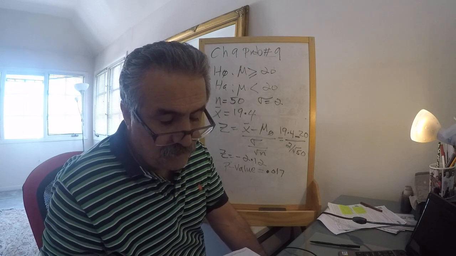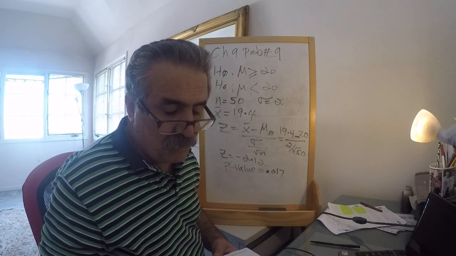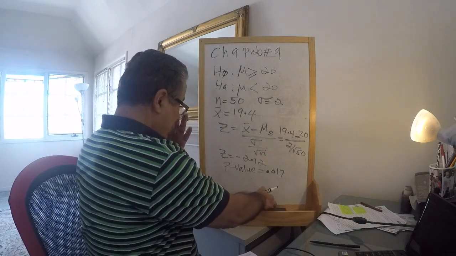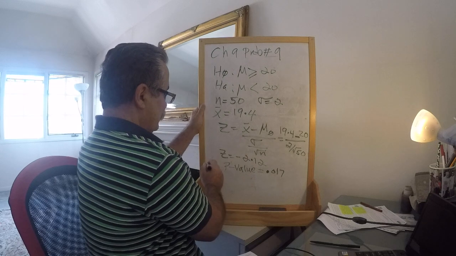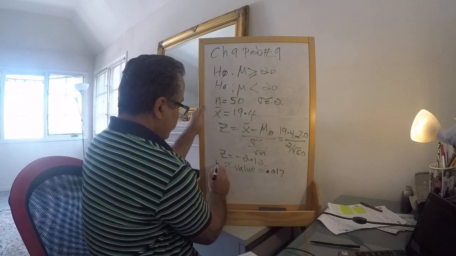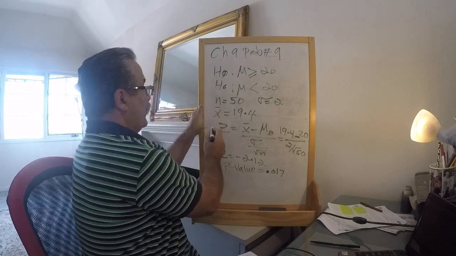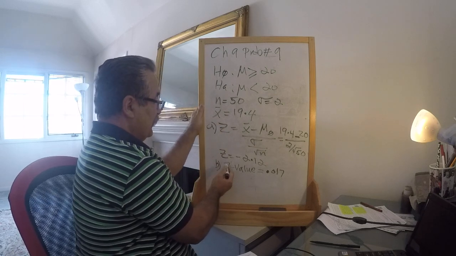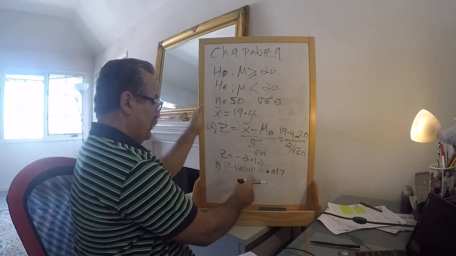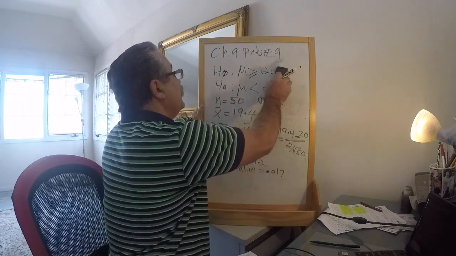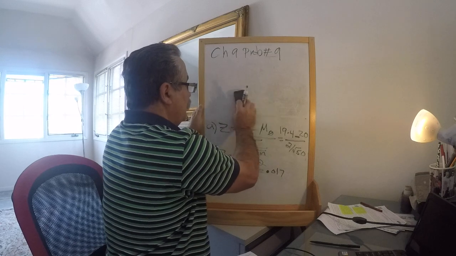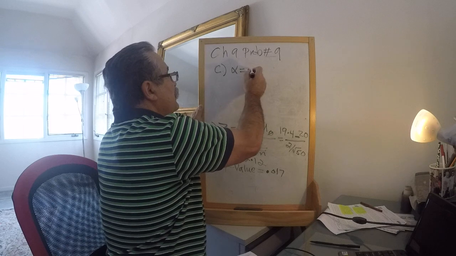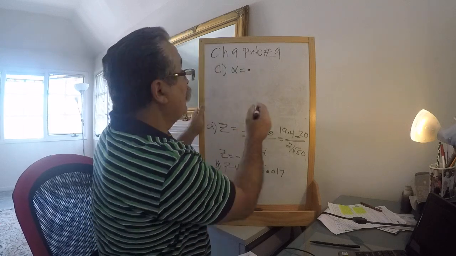Part C, using alpha equal to 0.05, what is your conclusion? So this right here was for part A, and this is for part B. For part C, they say alpha equal to 0.05.